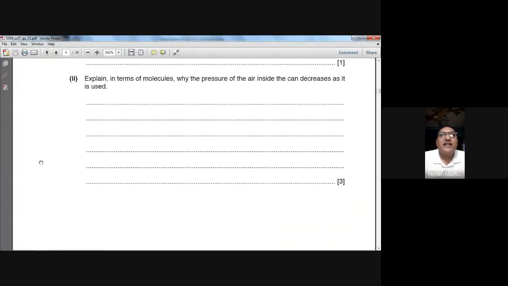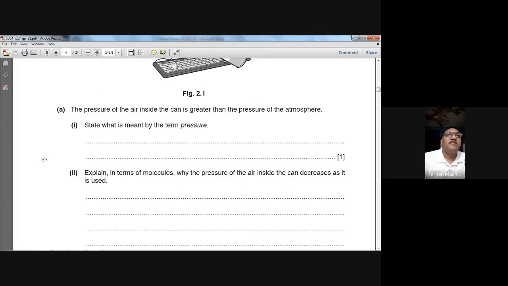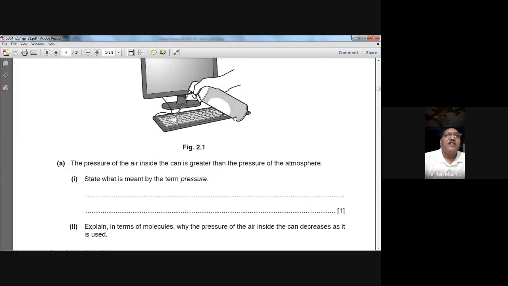Explain in terms of molecules why the pressure of the air inside the can decreases as it is used. It's a 3 mark question. He's talking about this can. It has compressed air. When you use it, the air comes out of this nozzle.